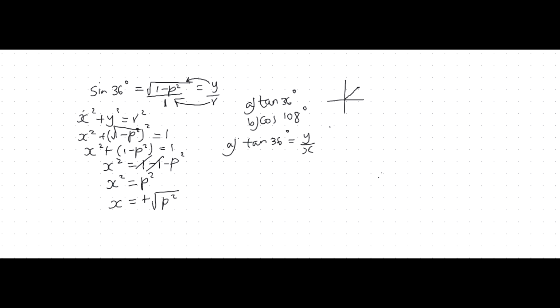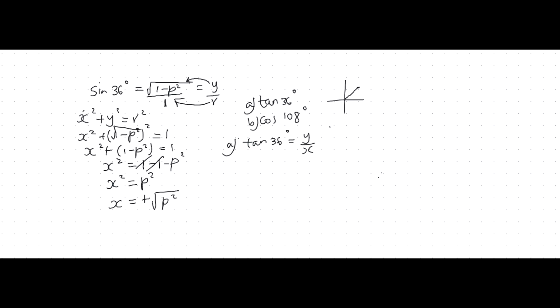Even for this one, it applies the thing of checking the angles that you are given. In this case, we can go ahead because we were given sine 36, so it's safe to go ahead. Now we are trying to find tan 36 degrees.